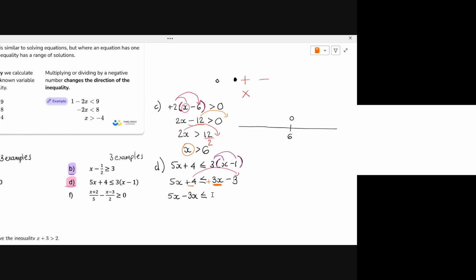The -3 was already there. So we're just going to put it down and then add -4 to the side. Okay, and then we just do quick math. Simple, add like terms. 5x minus 3x will give me 2x. And that is less than or equal to -3 minus 4, which will give me -7.